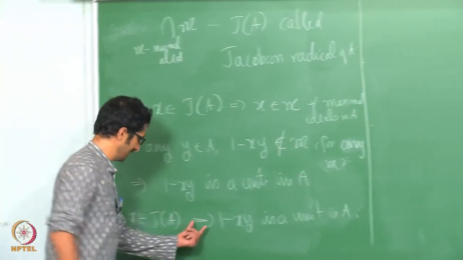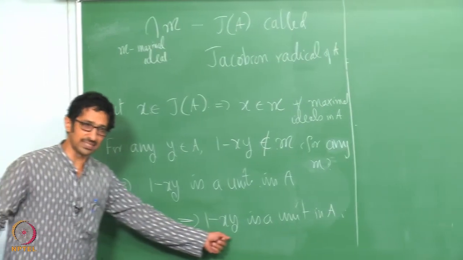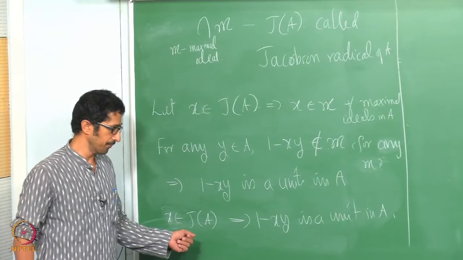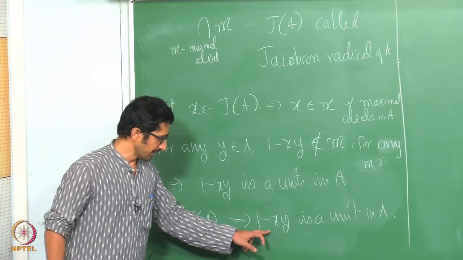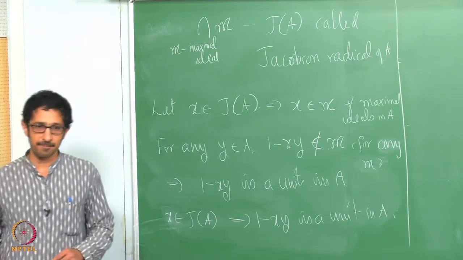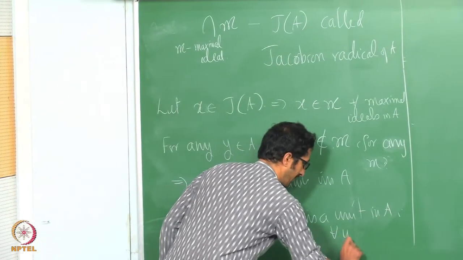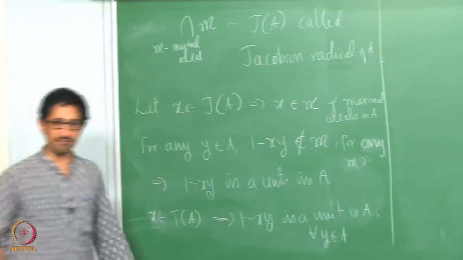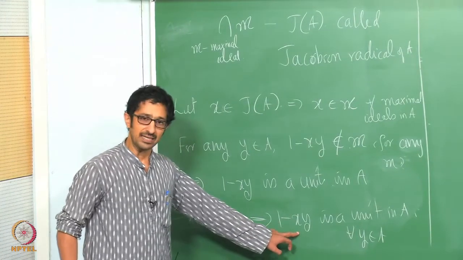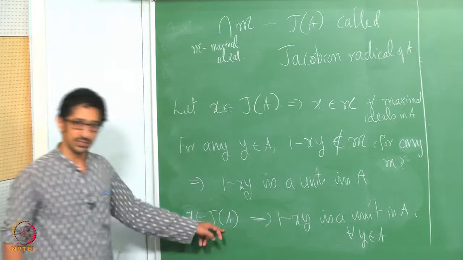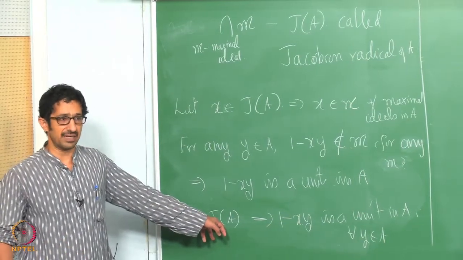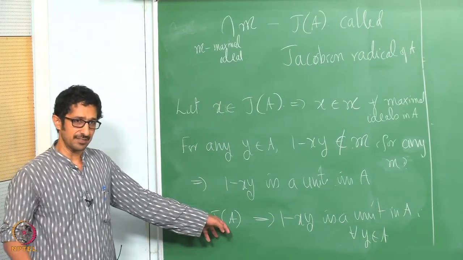So, there is this natural question whether the converse is true. If 1 minus xy is a unit in A for every y in A, can we say that x belongs to all maximal ideals?